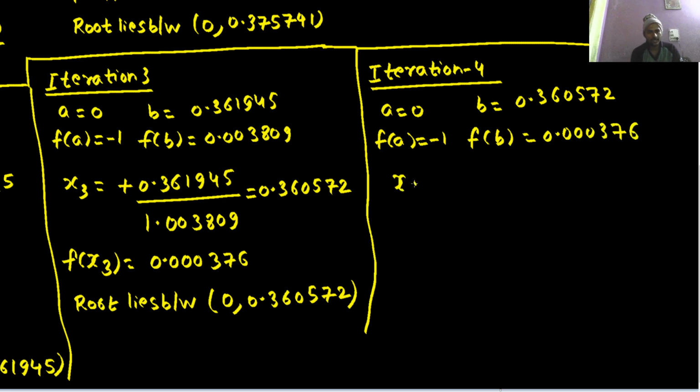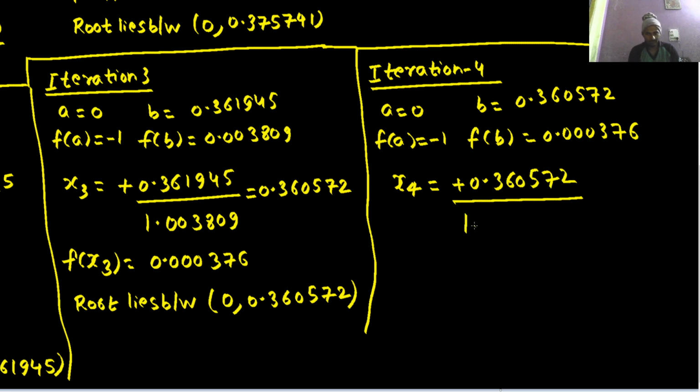Now the fourth iteration value x4 is a times f of b, again 0, minus b times f of a, again plus of 0.360572, divided by f of b minus f of a.